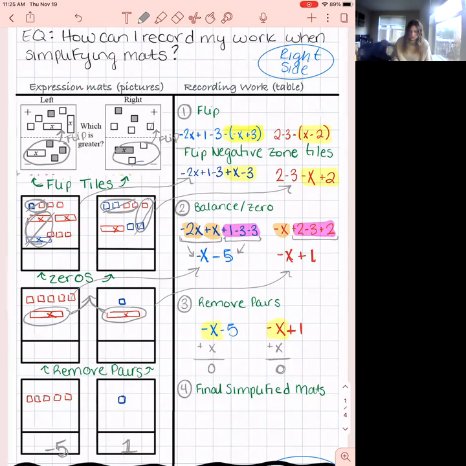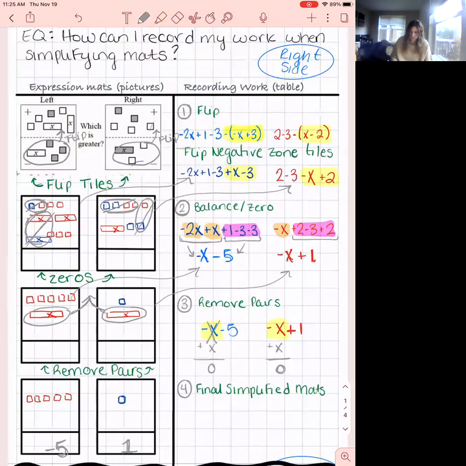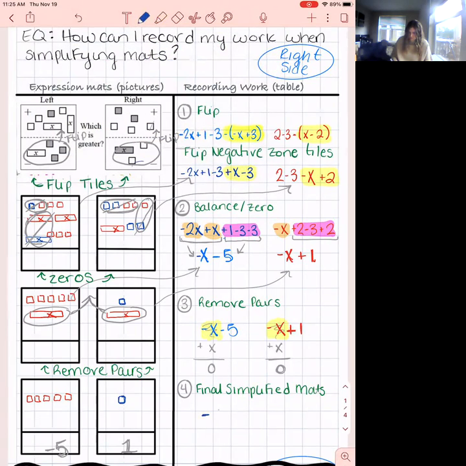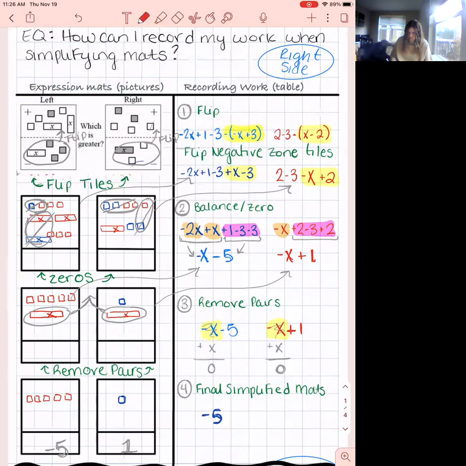So then we just write what we have left after we took this x out. We got rid of this x, we got rid of that x. We're left with negative 5, and we're left with 1.